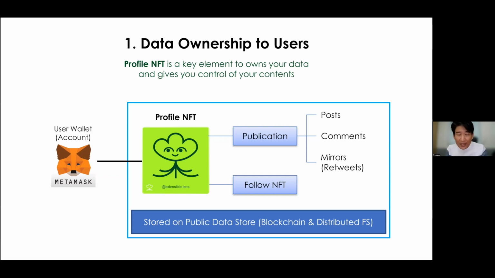This profile NFT has profile information, and also publication data like posts, comments, and retweets, and also followership, like friends and membership, are connected to the profile NFT. And all of these data are stored on a public data store, blockchain, and decentralized file system.